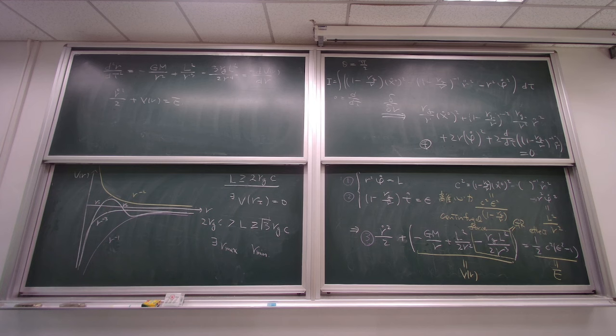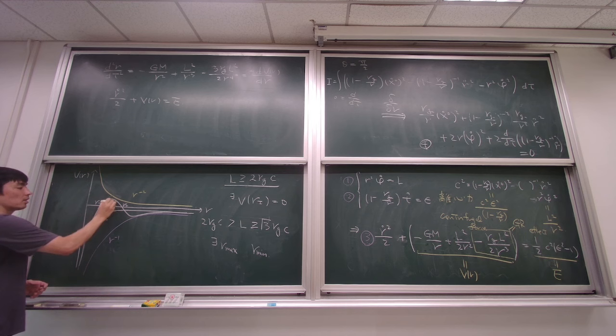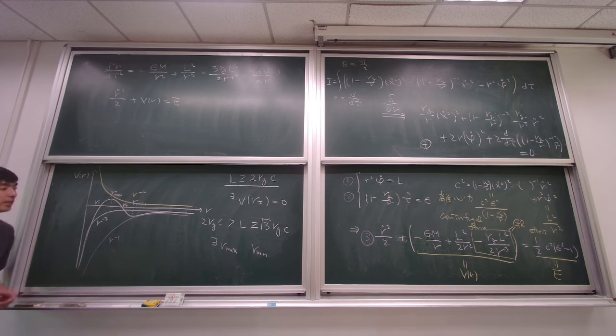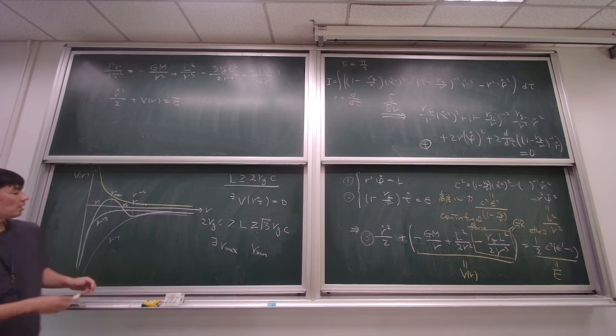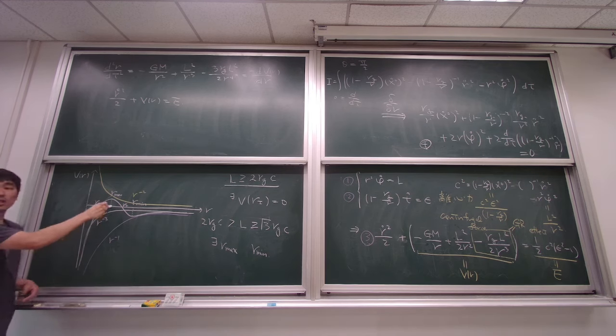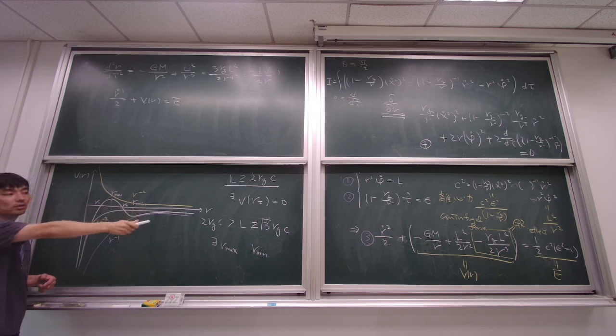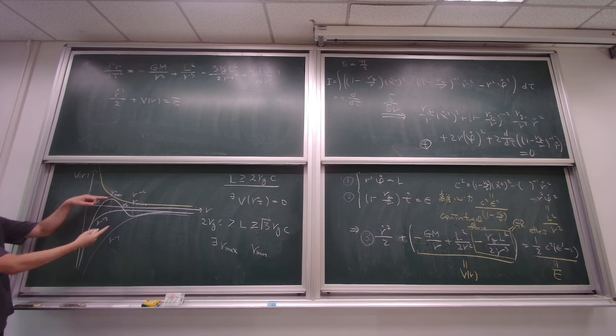So this is R max, and this is R min. If this is the case, the potential never goes to 0, because this yellow part, the contribution becomes small when L is this value, but still has a maximum and a minimum.